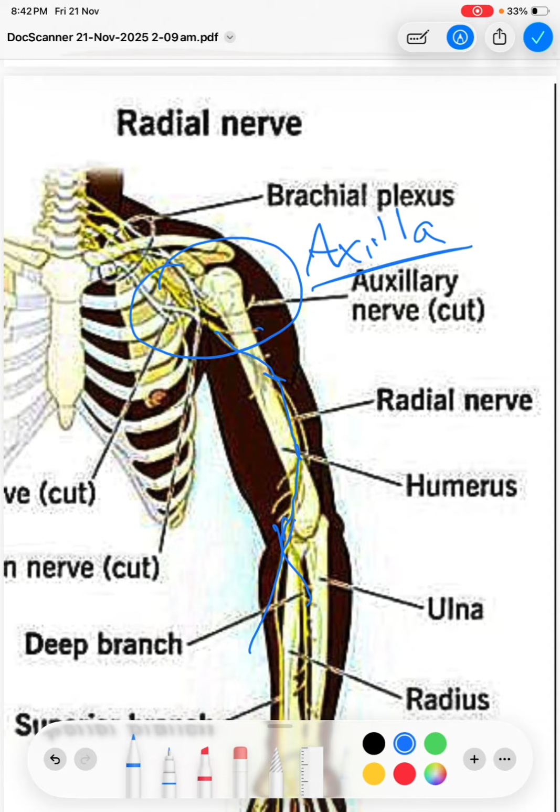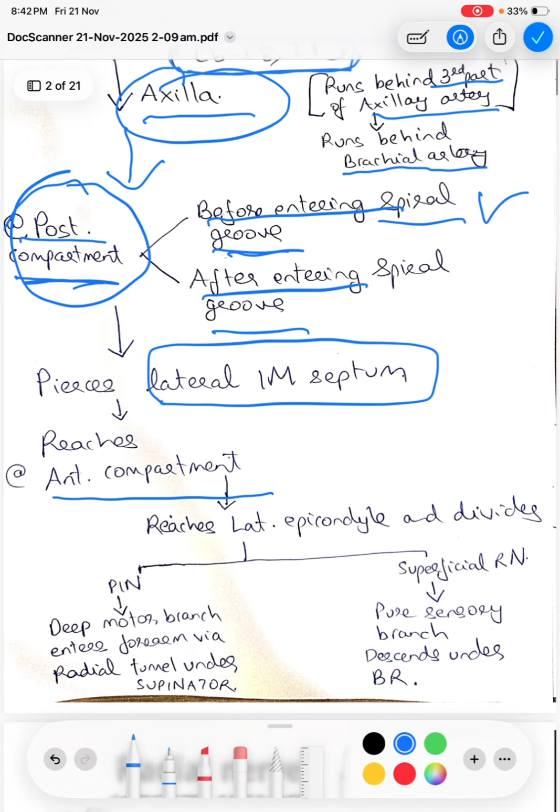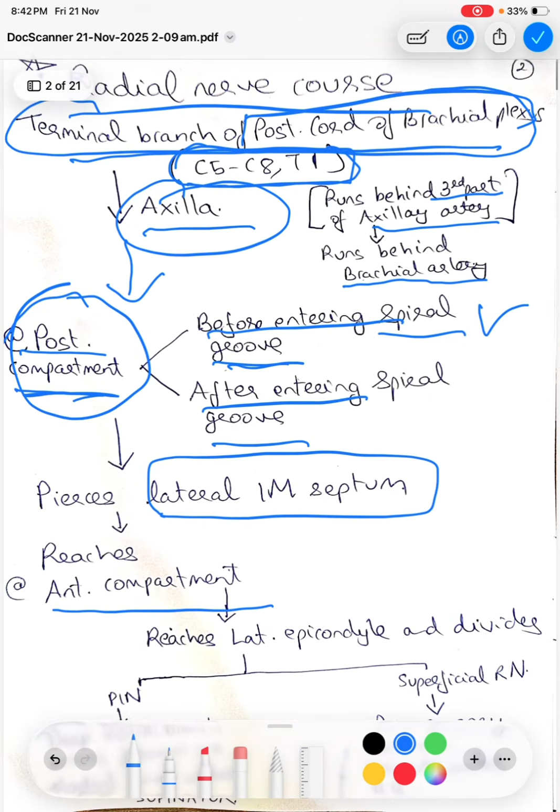Second part is before entering the spiral groove. Third part is entering the spiral groove. Then piercing the lateral intermuscular septum and entering the anterior or anterolateral compartment, and then at the elbow where it divides into PIN and superficial radial nerve. Okay, so this is the basic crux.